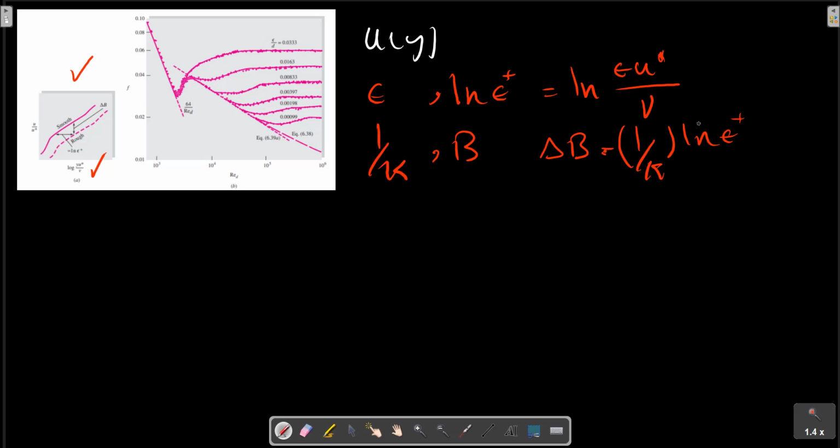Nikuradse simulated roughness by gluing uniform sand grains onto the inner wall of the pipe. He then measured the pressure drops and flow rates and correlated friction factor versus Reynolds number in the picture provided here.